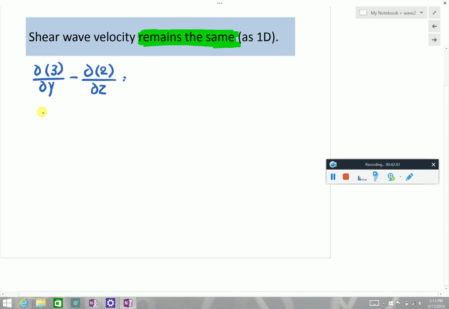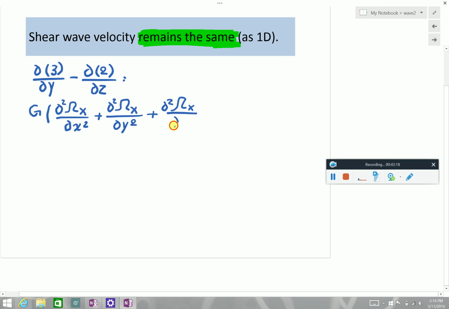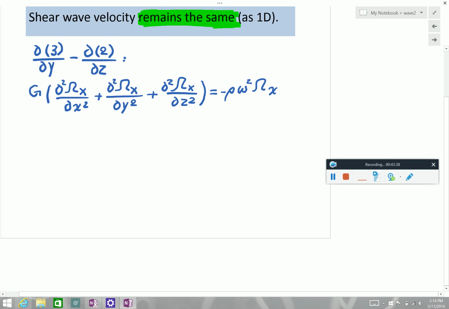So we will get G, the shear modulus, times the second derivative of rotational strain about the x-axis with respect to x, y, and z, and this would be negative rho omega squared times the rotational strain omega x. And now we use a compact notation again.